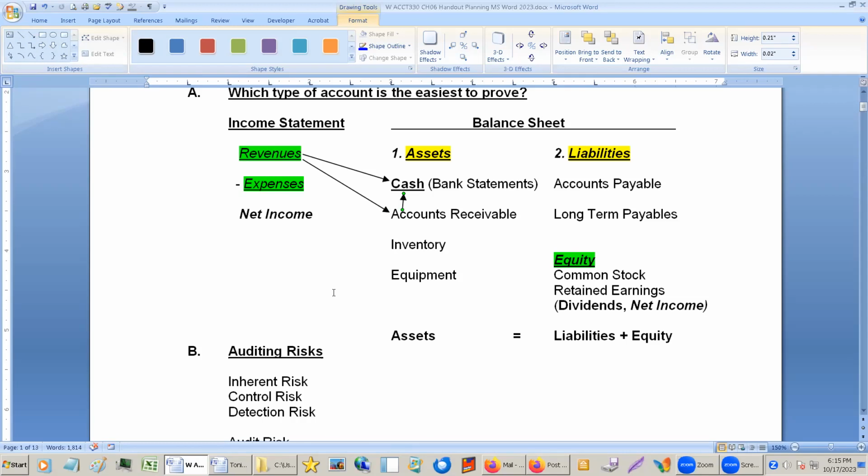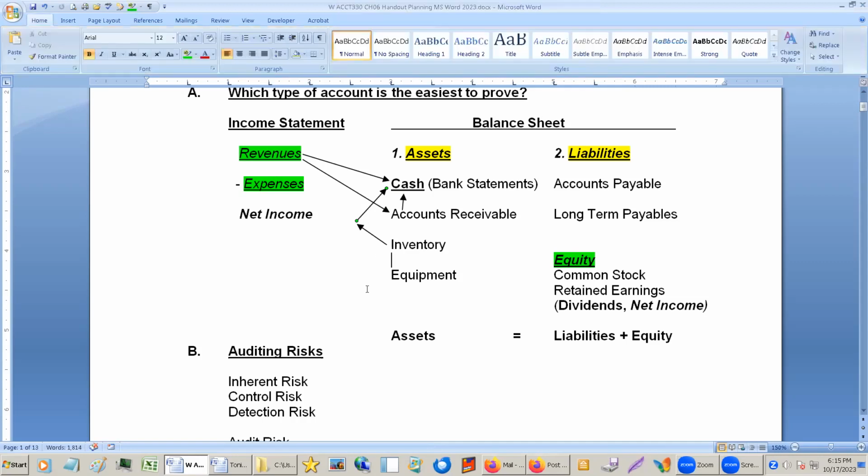Right? Okay, and you say, well, how about inventory? Well, if you pay cash for inventory, I should probably use a different one, but I'll do it in 2 steps here. If you pay cash for inventory, it goes through cash. You say, well, what if I don't pay for it?